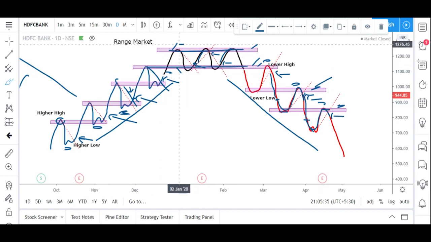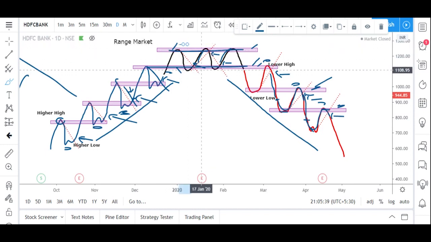If you are in a sell position, then the stop loss will be here, guys. We keep the stop loss below the previous swing low or previous swing high. Previous swing low in case of buy or in uptrend, and previous swing high in the case of downtrend, guys.